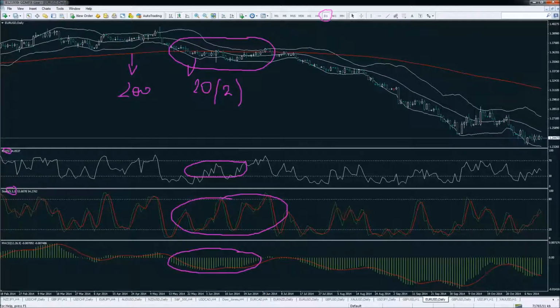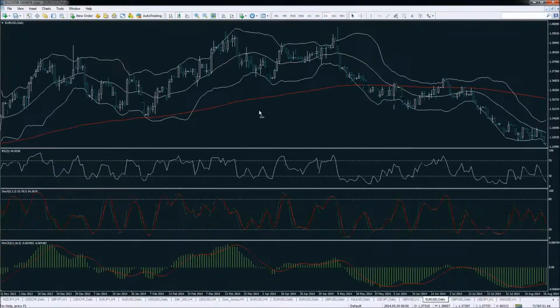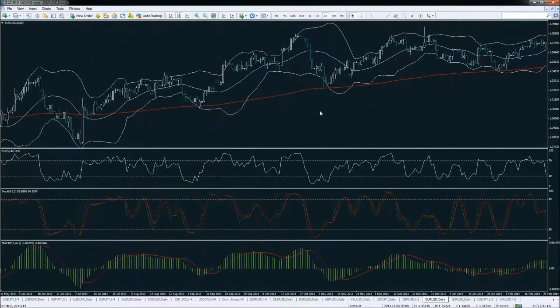What I'm going to do here is just scroll a little bit back in the past. Let's check the performance of what we're trying to mention here, the importance of this type of indicator. Now, every time the MACD crosses the zero level, regardless of the direction, in this case to the upside, let's align it and see where it goes.